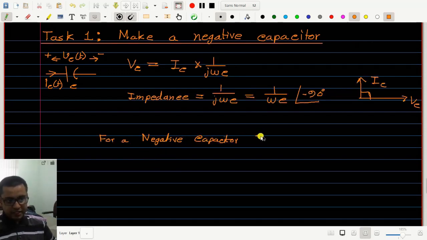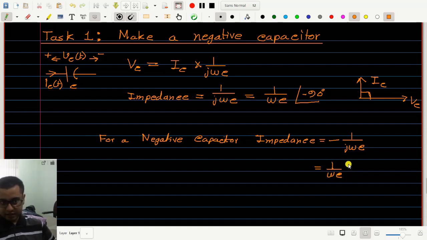the impedance will be minus of this, 1 by j omega C. So that will have a magnitude 1 over omega C, just like the normal one, but angle will be plus 90 degree.